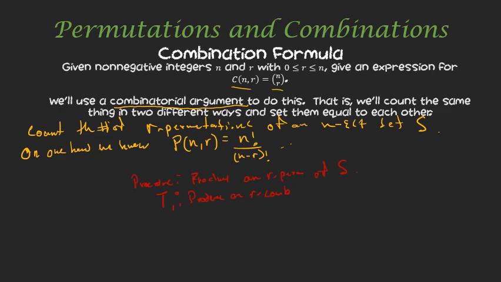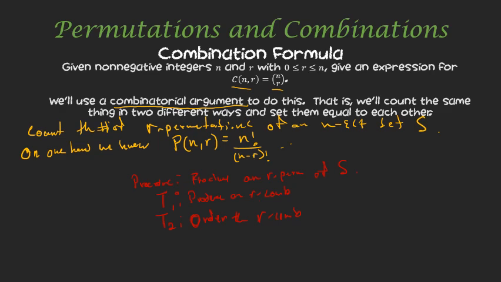So I'm just going to pick an r-element set first, and then I'm going to order the r-combination. Remember, the r-combination will just be a set, and then I can do a permutation of that set. And there'll be a lot of different ways to do that, and a lot of different ways to pick my r-combination, right?